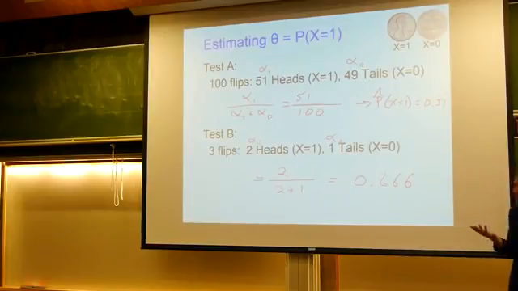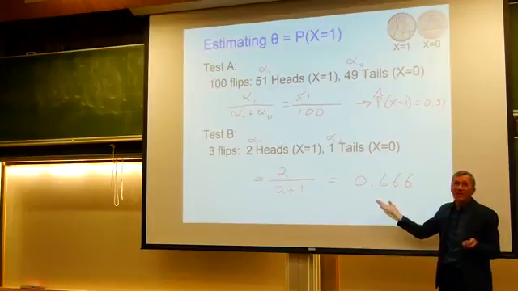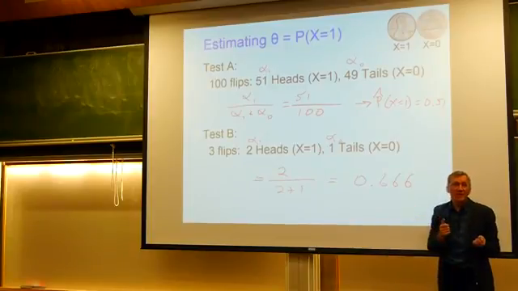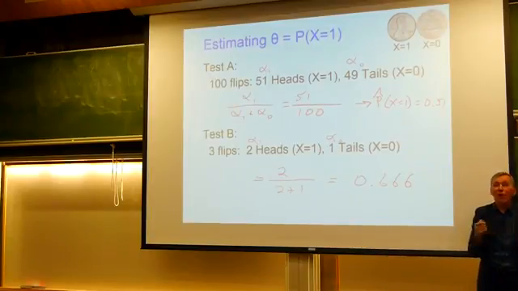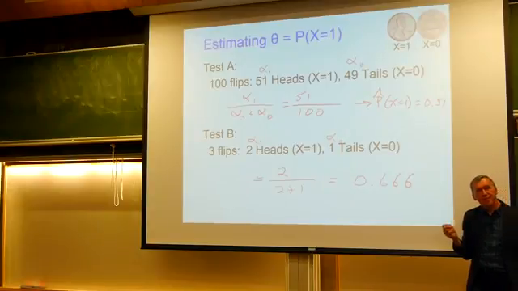In fact, when I look at this one, it's possible that this coin is actually 50% heads. And of course, if you flip it only 3 times, you're going to get not an even number of heads and tails with an odd number of flips. So we have a lot of problems here.